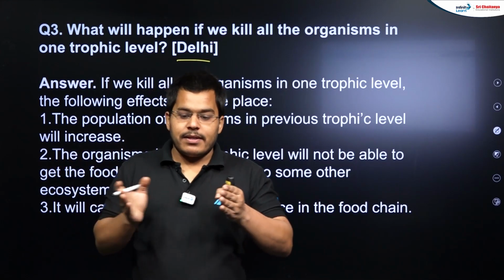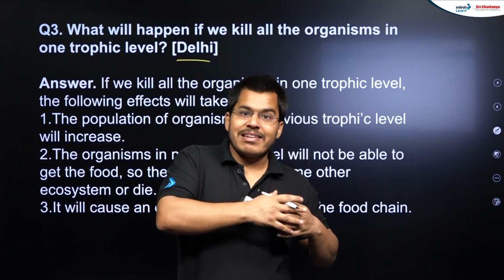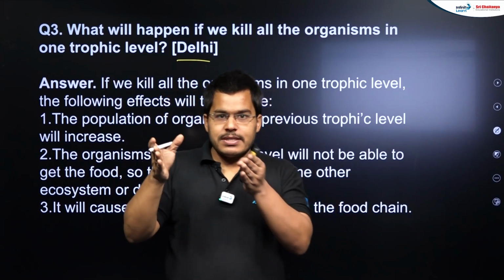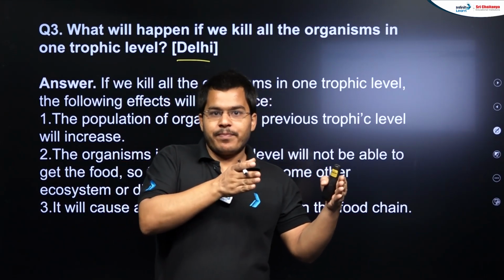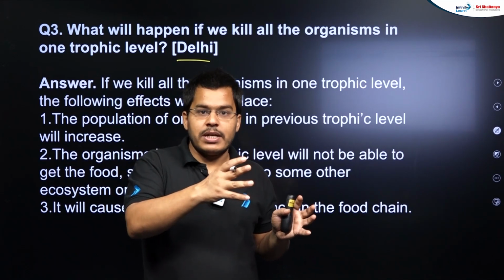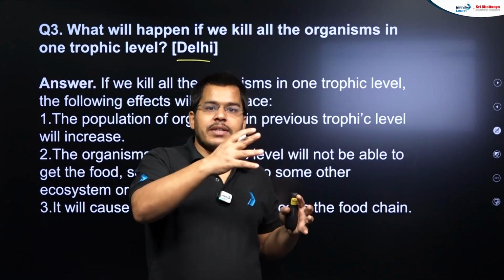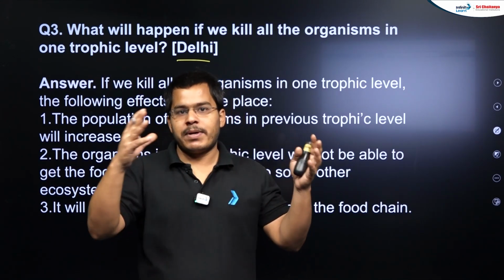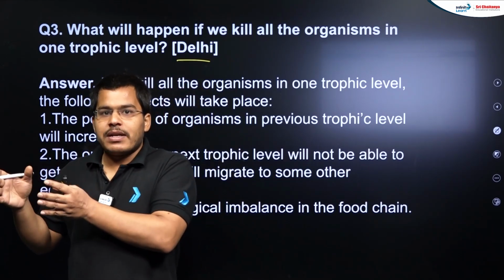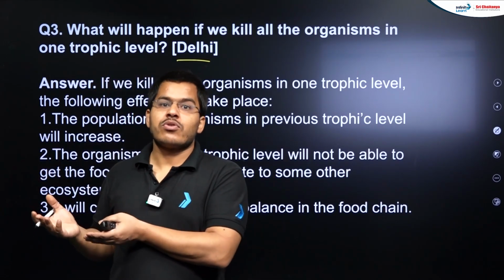So the previous trophic level organisms will increase uncontrollably, because this level is eating them. There is no one to eat them, no one to destruct them naturally, so they will keep on increasing, and they occupy a very large area on this earth. And the next trophic level will not get food, so they will also die.